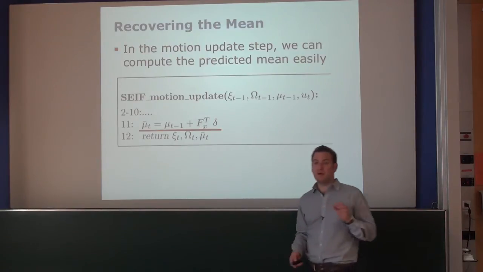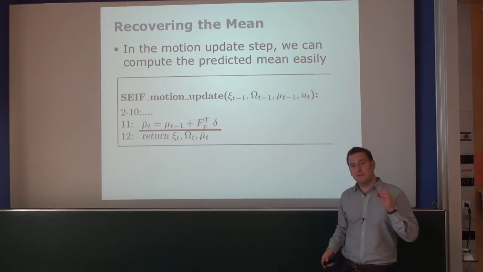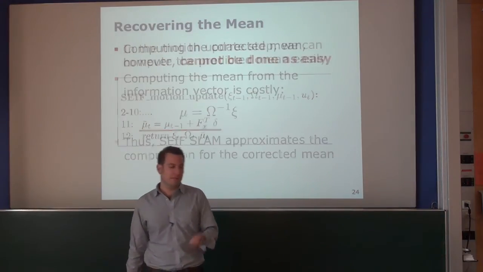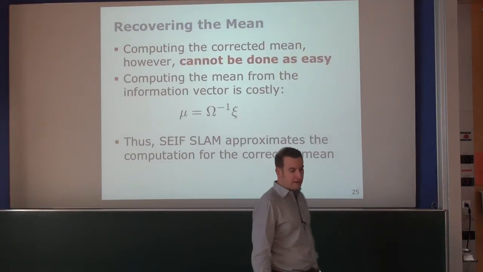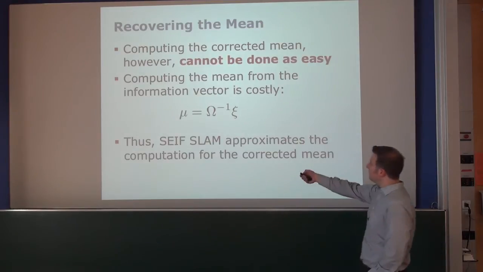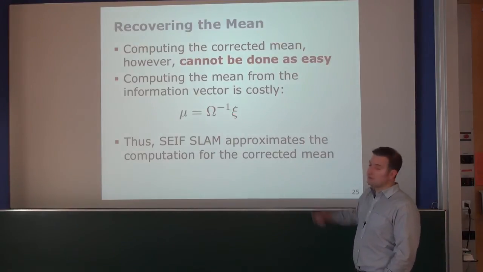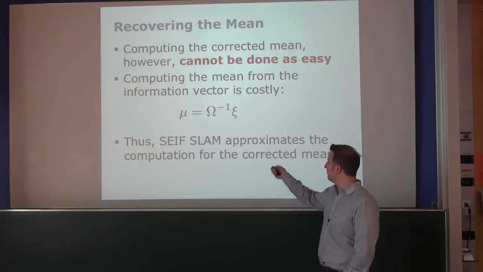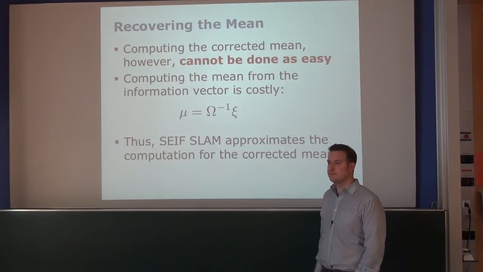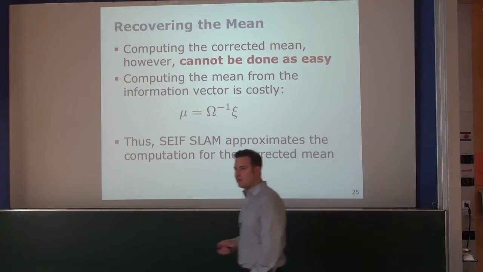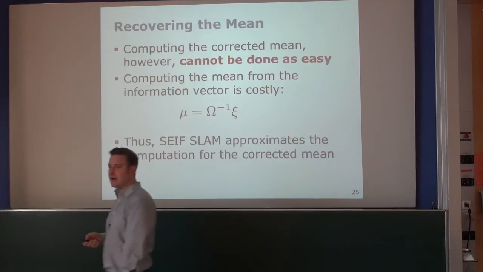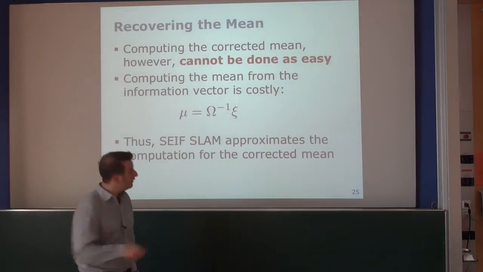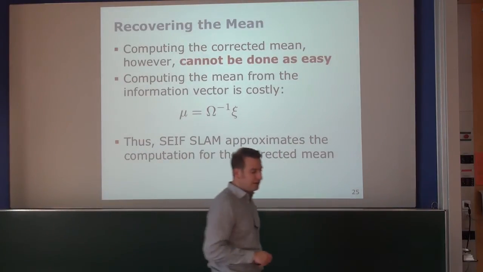The problem now is that we can't easily compute the corrected mean. We can, in theory, compute it, but not efficiently. Because, remember, we have the information matrix and we know the information vector, so in order to compute the mean, we would just need to perform this operation over here. The information matrix here, however, is potentially not sparse anymore, because we haven't sparsified it yet. So this operation is costly.